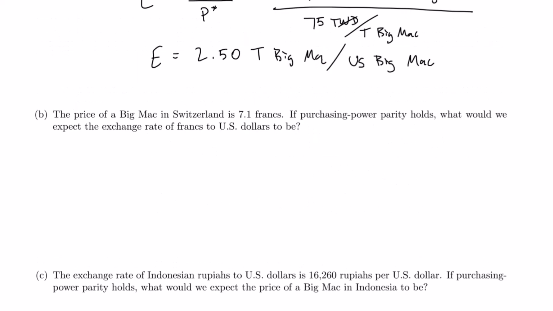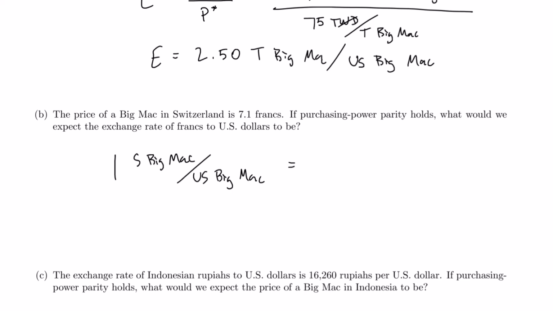Now going down to the next question. The price of a Big Mac in Switzerland is 7.1 francs. If purchasing power parity holds, what would we expect the exchange rate of francs to US dollars to be? Since it says purchasing power parity holds, the real exchange rate is going to be 1 Swiss Big Mac per US Big Mac.